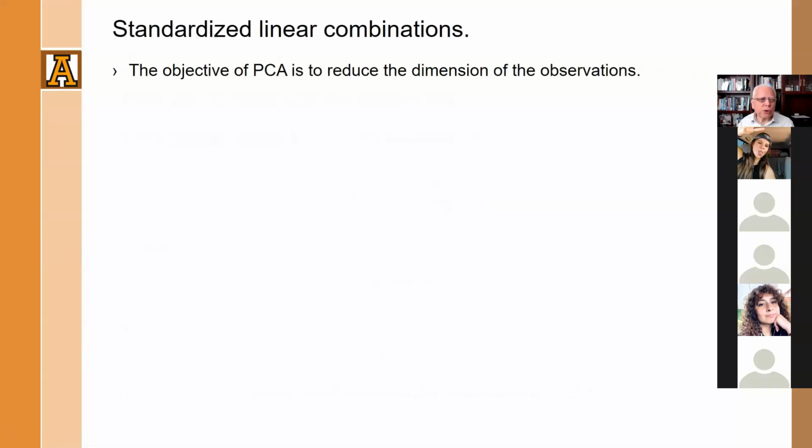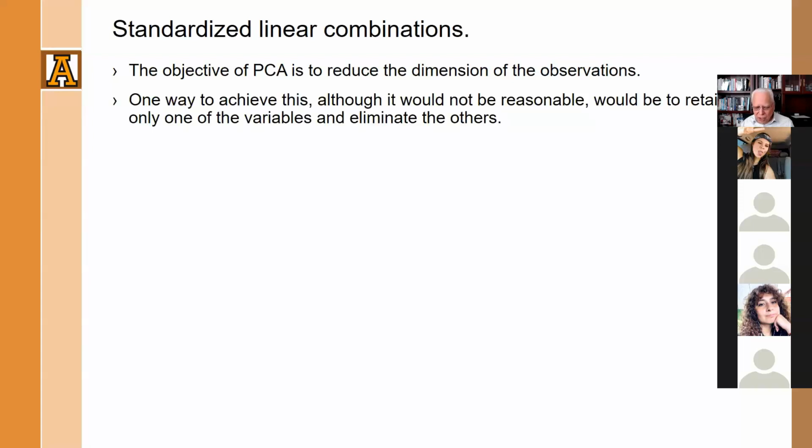And that brings us to the concept of standardized linear combinations. Again, the objective of PCA is to reduce the dimension of the observations. One way to achieve that, which would not be reasonable at all, would be to retain only one of the variables.